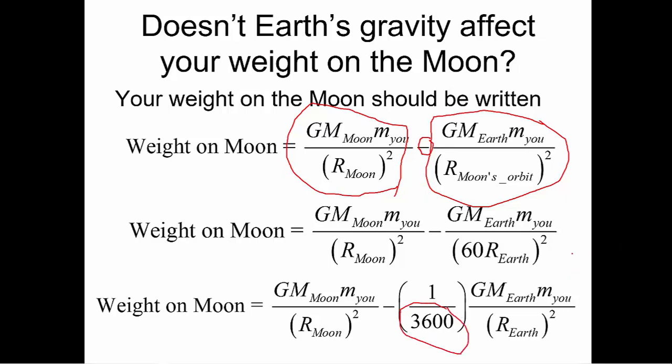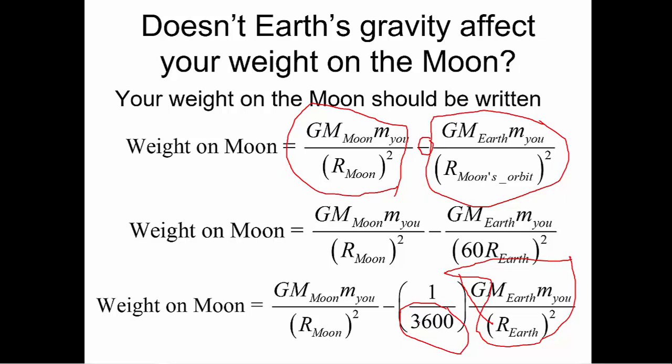So this last term here, well, this part of it, including the G, is actually your weight on Earth. Okay, but we're taking 1/3600th of that weight on Earth. And so that's the correction we'd have to put in to get your correct weight on the moon.